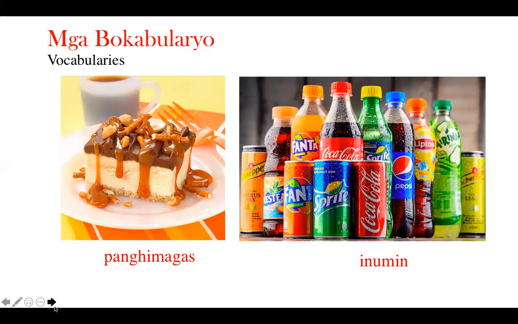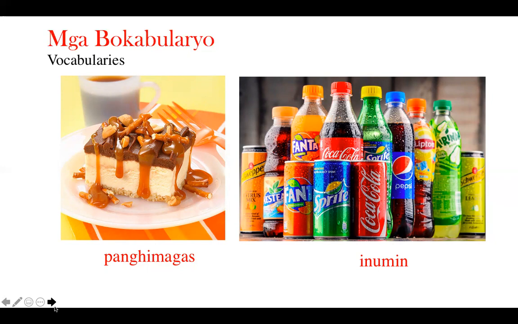Now, your friend might want to demand for some dessert when he or she goes to your house, like we have some sweets there. So sweets or dessert, in Philippines, we call it panghimagas. And of course, drinks, we call them inumin. Okay?